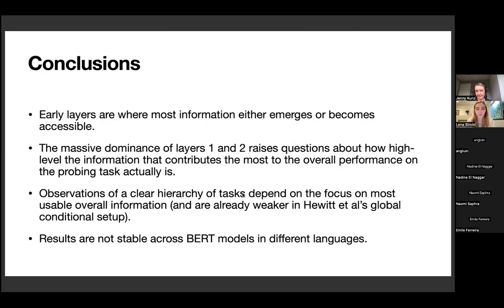So it's quite sensitive to the metrics whether you observe expected hierarchies or not. And also results are not stable across BERT models in different languages, but we don't know if it's the languages or something else that is causing this instability.